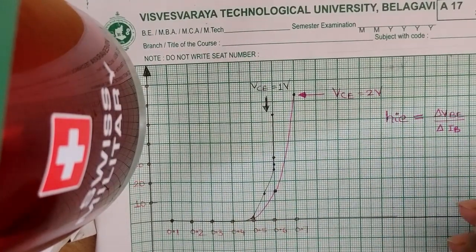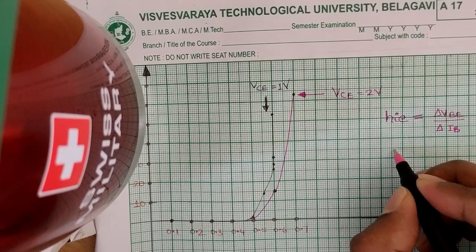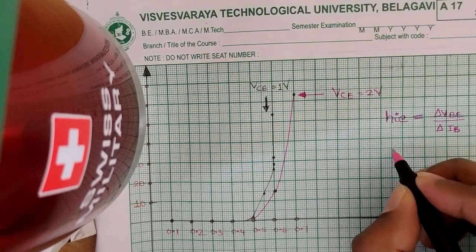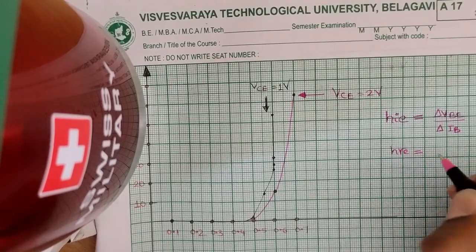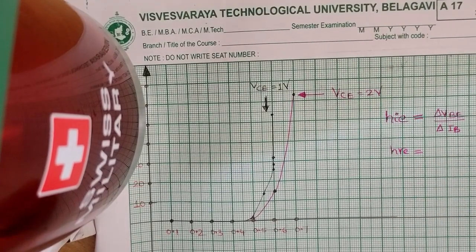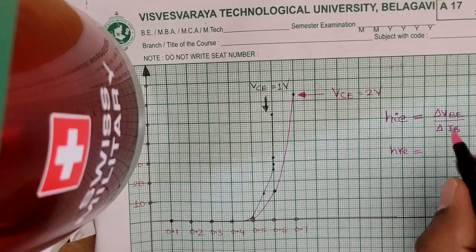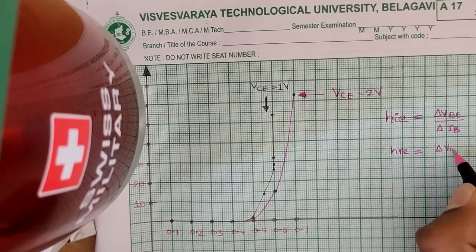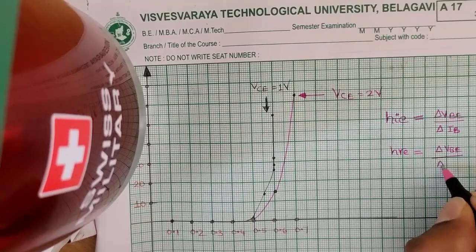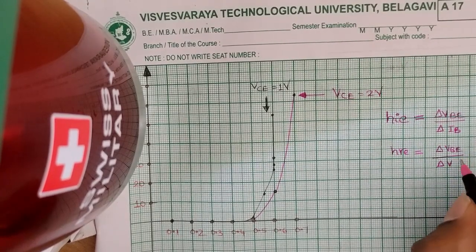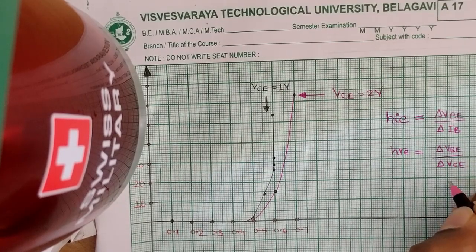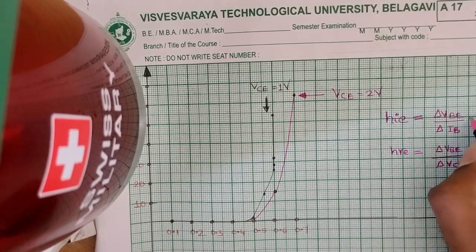And then you can find out HRE. HRE is basically the reverse voltage gain, so that is the ratio of input voltage to the output voltage, delta VBE by delta VCE.